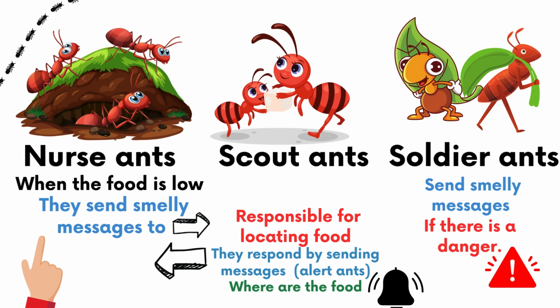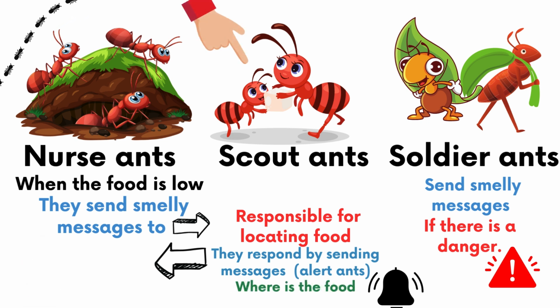The nurse ants have a function: when the food is low, as there is a very small amount of food, the nurse ants send smelly messages to the scout ants. The scout ants are responsible for locating food. They are responsible for finding food, and when they find the food, they respond by sending messages to all ants to alert them where the food is, okay?